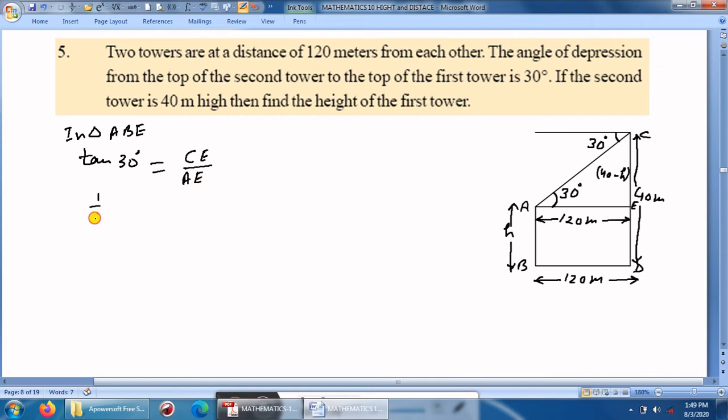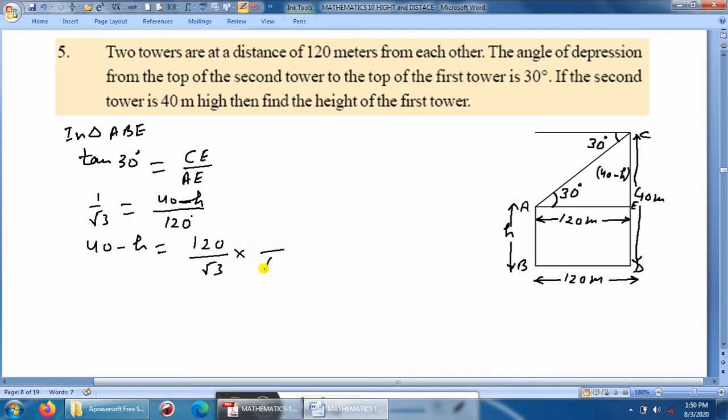So tan 30 is 1 by root 3. CE is given as 40 minus H upon AE is 120. Now 40 minus H is equal to 120 divided by root 3.